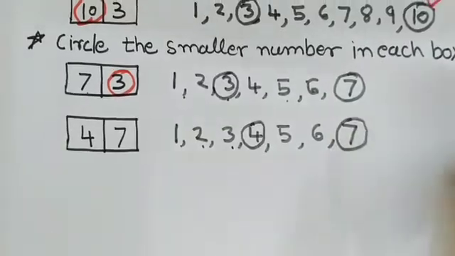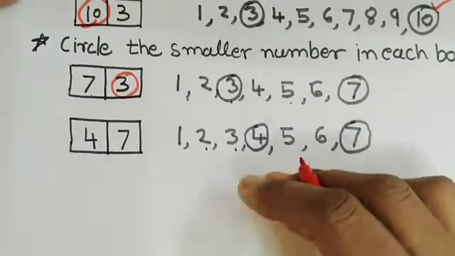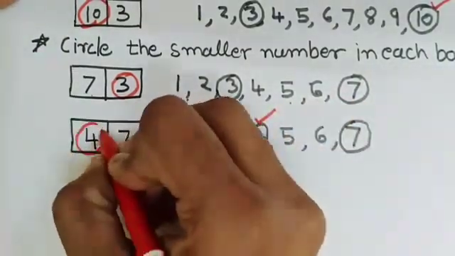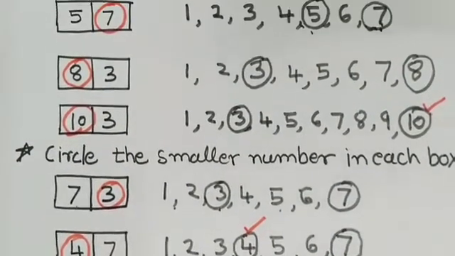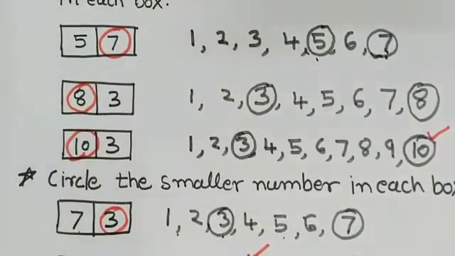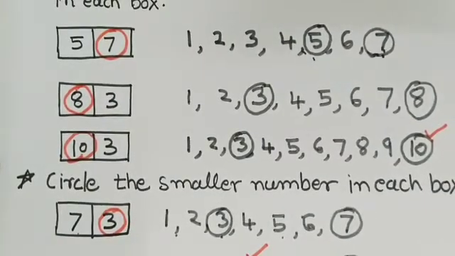So tell me children, which number came first? Here 4. So 4 is the smaller number out of these 2. So children, I hope you understood this, how to take out the bigger or smaller number with the help of serial order.